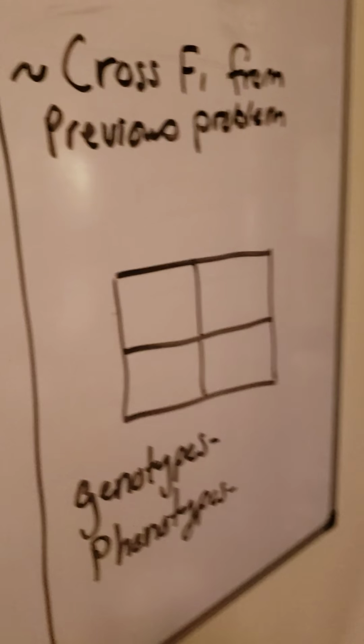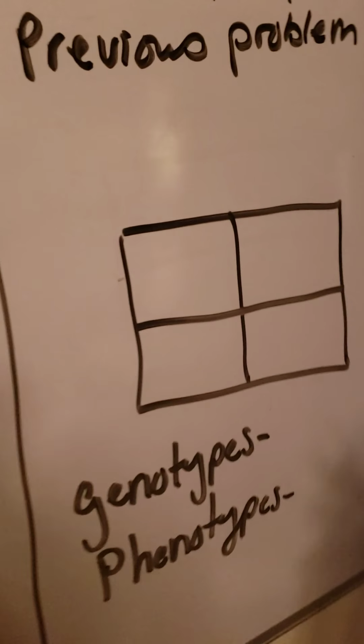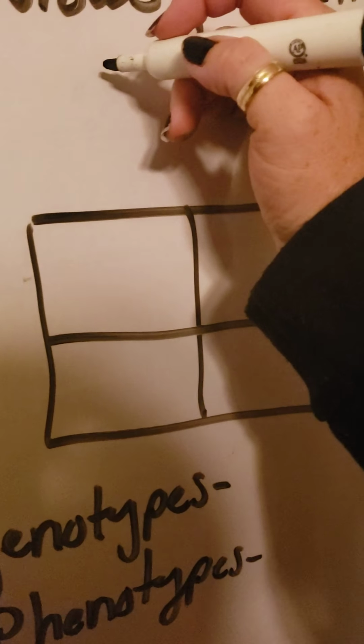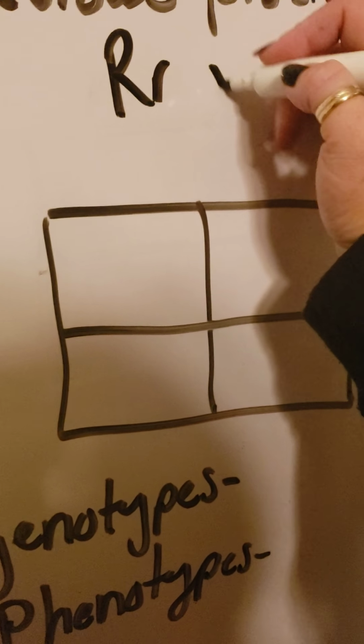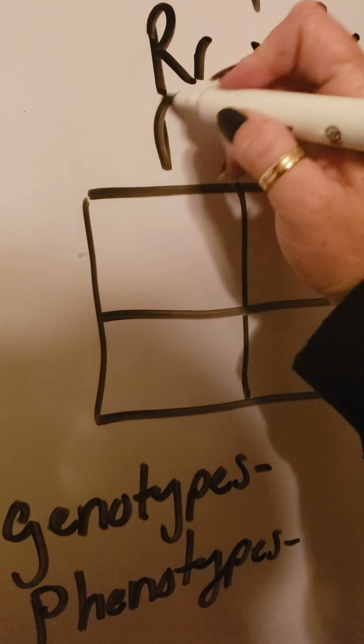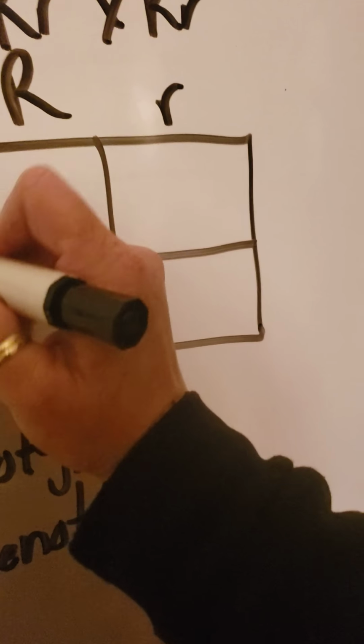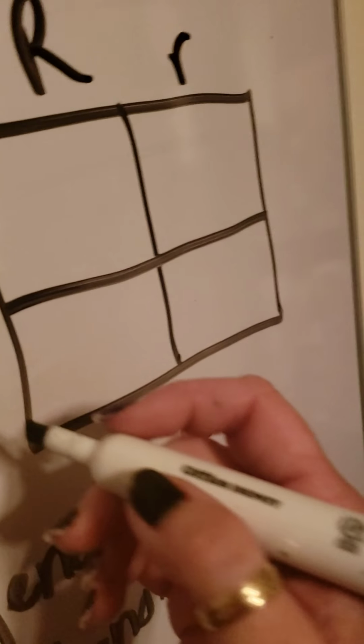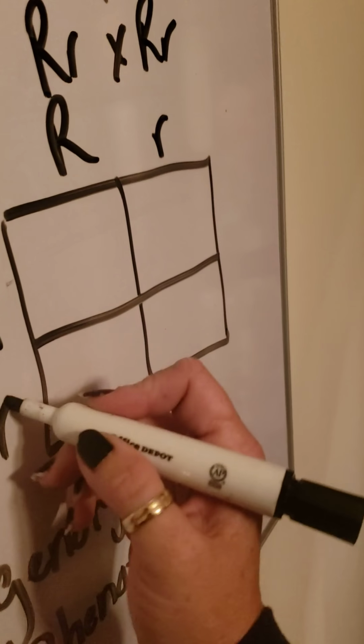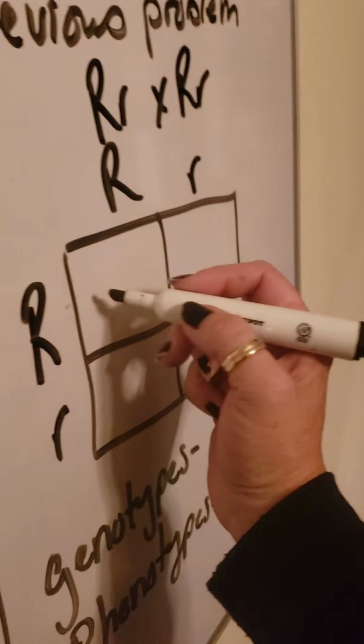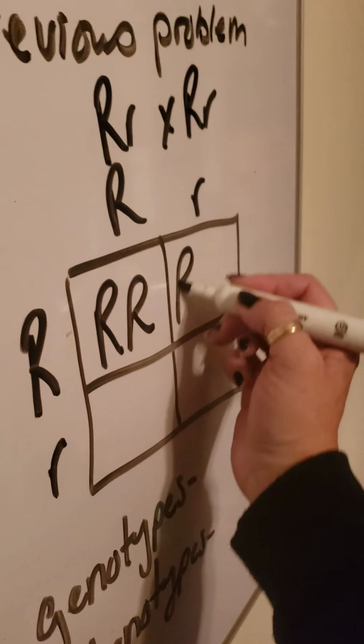So the next one, I want you to cross the F1, which are these little dudes in here from the previous problem, so we can do another Punnett square. So we are going to cross two hybrids, so big R little r, big R little r. So let's get that Punnett square rocking here. Sorry for my board. I have it up not very well right now. So let's fill in this.